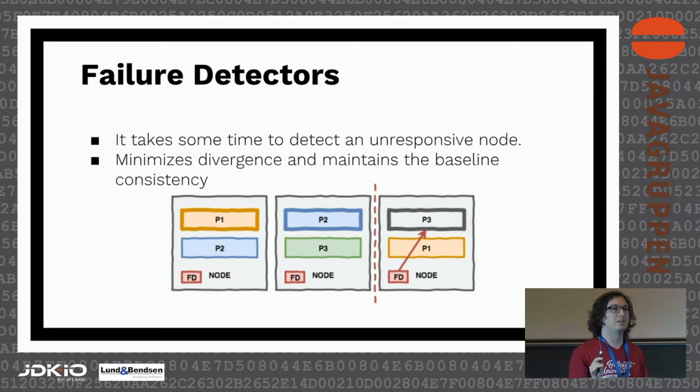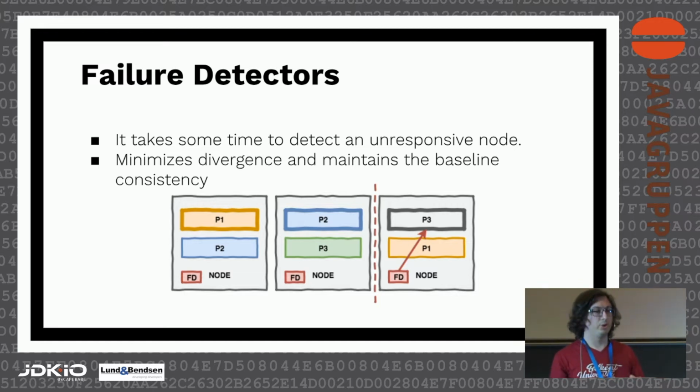So we say that this approach maintains the baseline consistency because it tries to minimize the divergence window, and it is still considered a consistency-oriented approach. Before Hazelcast version 3.9, we only had a single failure detector implementation, which is deadline-based. So if you don't hear any heartbeat from some node for like 5 minutes, just assume that the other node is gone.